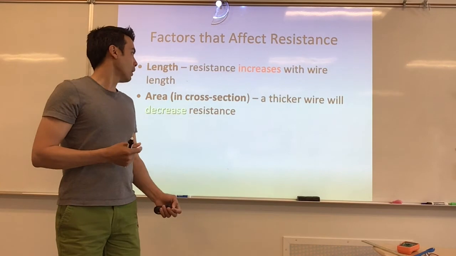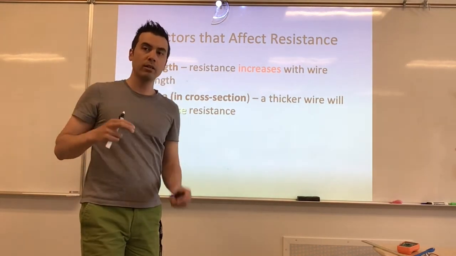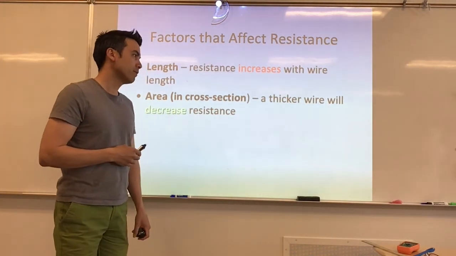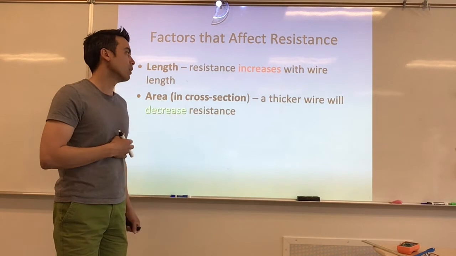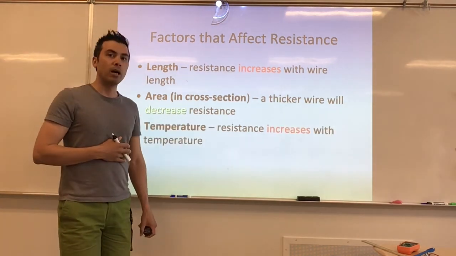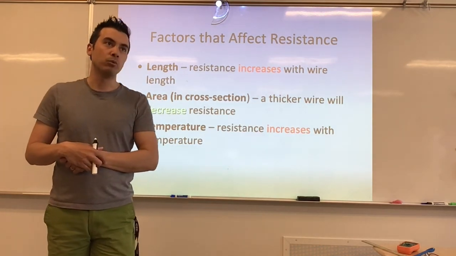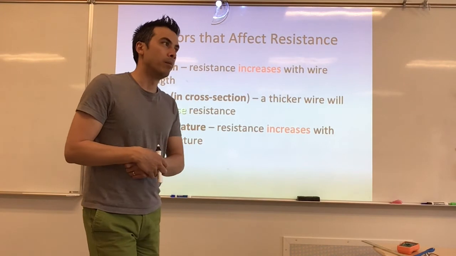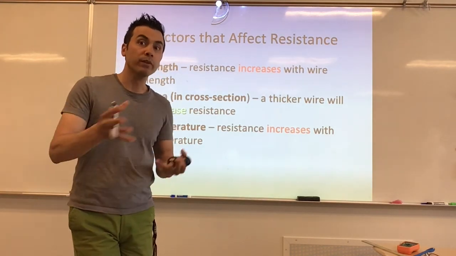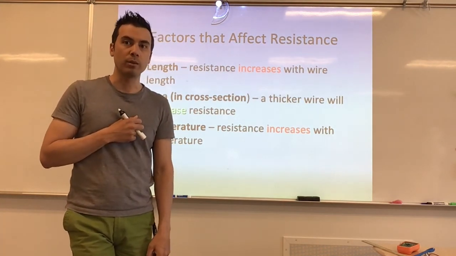Area: the thicker the cross-sectional area of the wire, the less resistance it will have, since you're giving those electrons more room to flow. And temperature: the warmer it is, the more resistance there will be. In Alberta, in the winter months, those electrons are moving along with less resistance than in the summer if we're talking about our power lines.